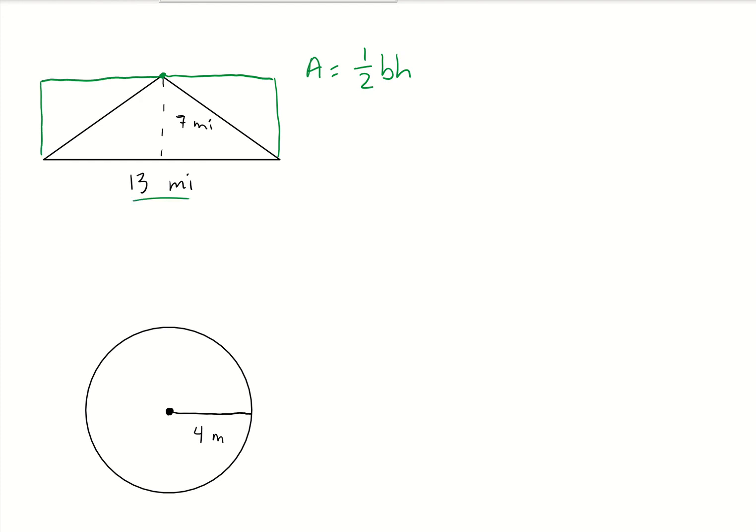We have 13 as the base, 7 as the height, and the triangle is exactly half of the rectangle, that part that I just shaded in. So that's why, when we find the area of a triangle, we only use half of the base times the height.